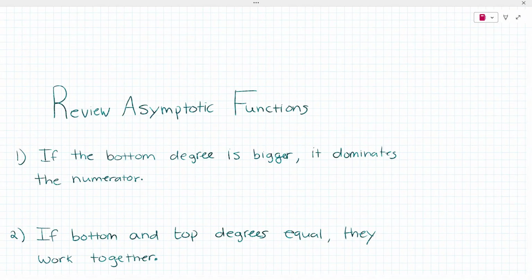Rule 1: if the bottom degree is bigger than the numerator, your limit or horizontal asymptote is y equals 0. For example, let's say you had y equals 3x over 4x cubed. See how this degree is bigger than the top. That means your horizontal asymptote or your limit would be 0.